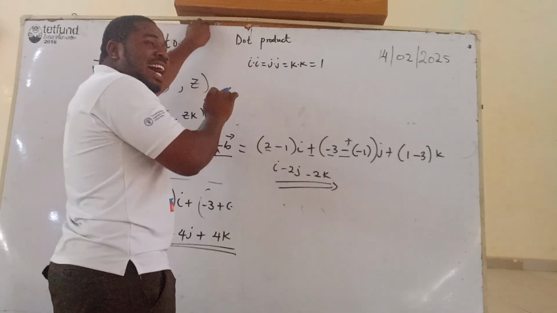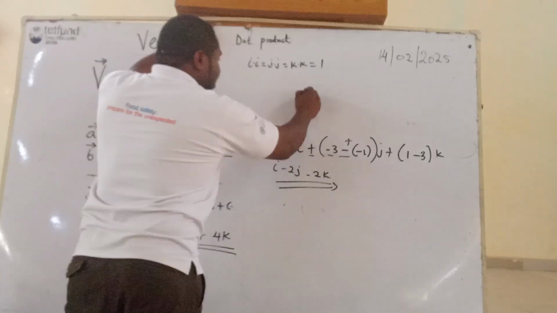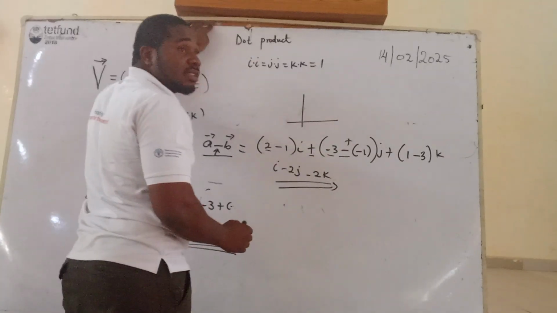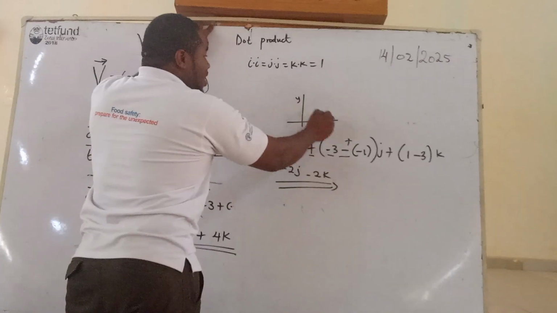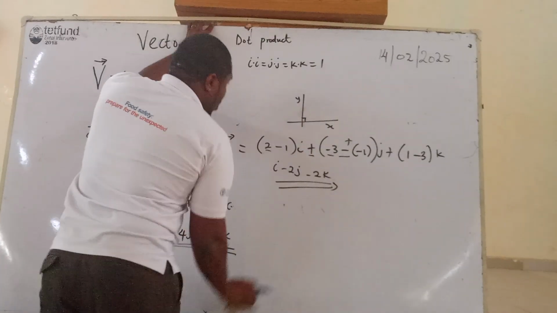Now, any other combination is equal to 0 because they are going to be perpendicular. You know, this is y and then this is x. Right? So, because they are perpendicular, anytime you take the dot product, it is going to be 0. So, what does that mean?